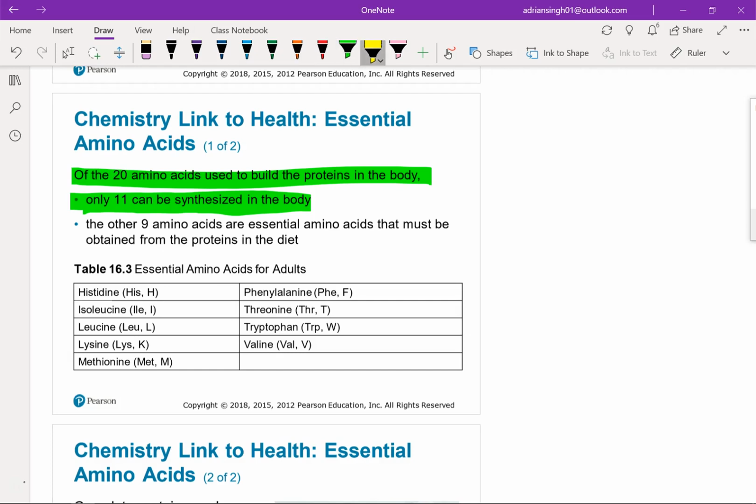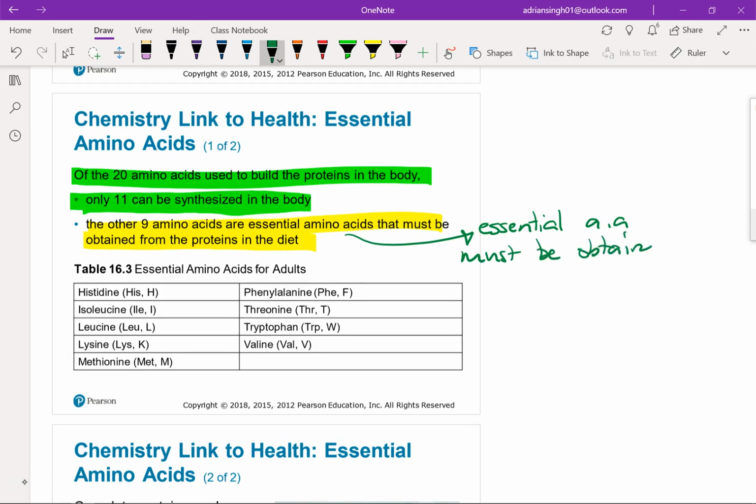The other 9, right, the body cannot make, and you must get them from your diet. And we call those 9 amino acids essential amino acids. So essential amino acids must be obtained from the diet, right?